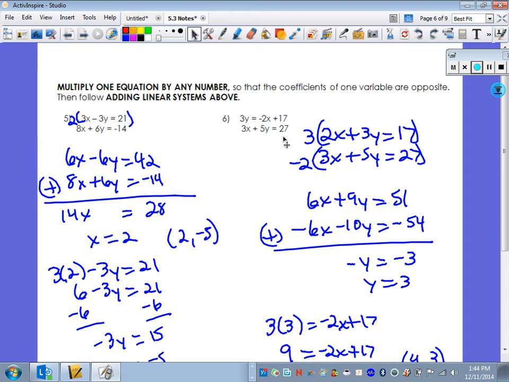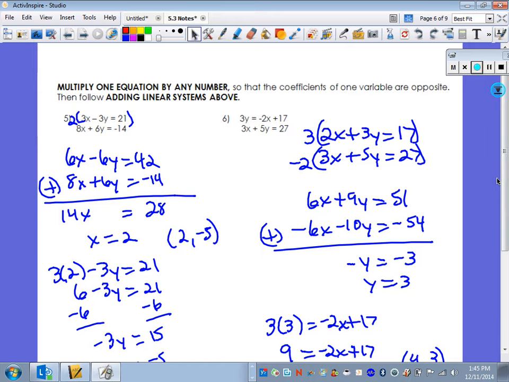You could just as easily have done the first one by negative 3, the second one by positive 2. When I do that, I end up with 6x plus 9y equals 51, and then negative 6x minus 10y equals negative 54. You end up with negative y equals negative 3. Divide by negative 1 or multiply by negative 1, and you get y equals 3.